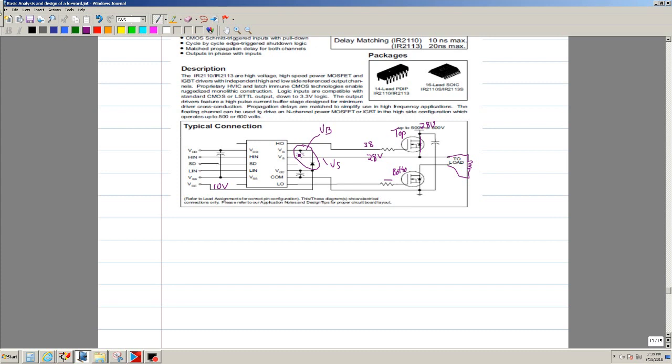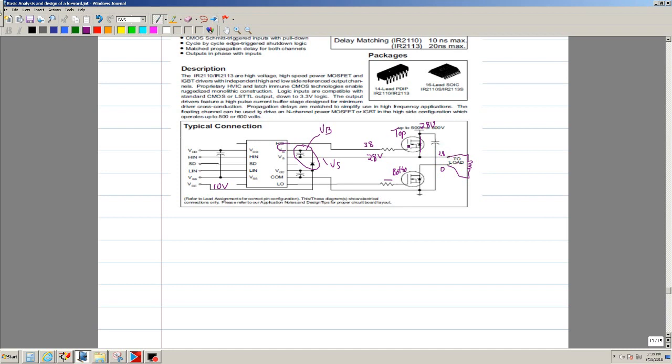And when it's turned on, the voltage that is stored in here is routed to the HO, or the high, and turns this on. Remember, this is 28 volts and this is 0 volts.